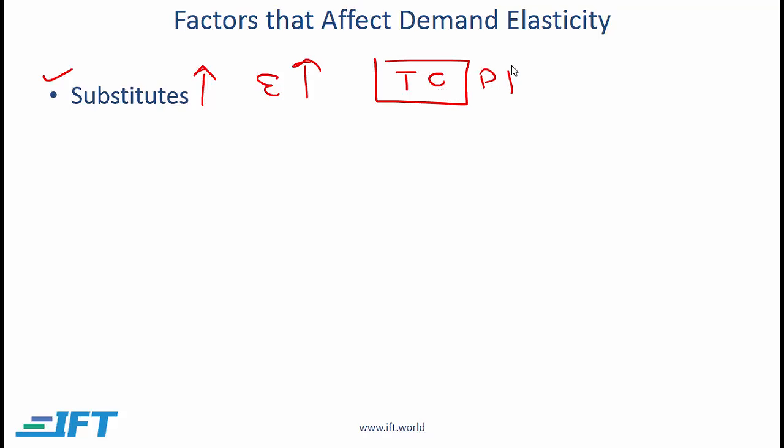If the price of Toyota Corolla goes up, the quantity demanded of this product is going to come down substantially, because consumers will then move towards other cars that are similar to the Toyota Corolla. So keep this in mind. If there are several close substitutes, then the own price elasticity is likely to be high.